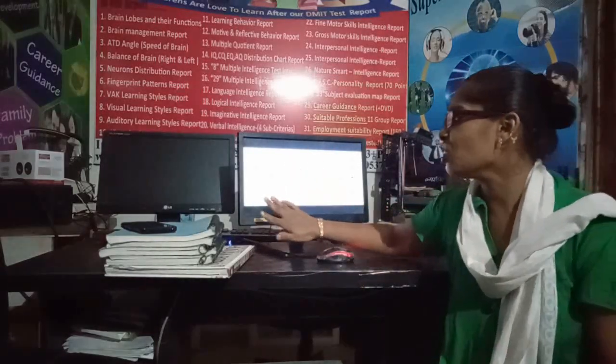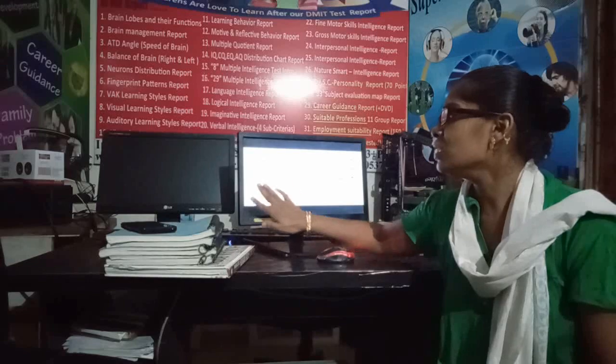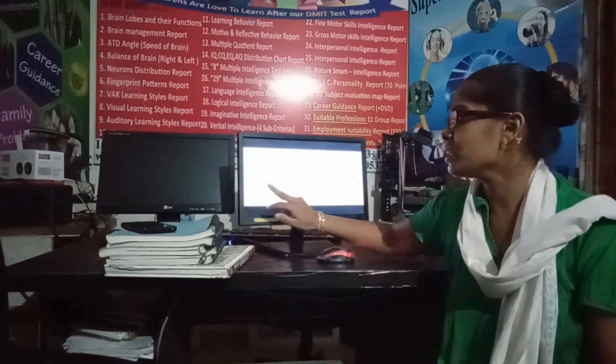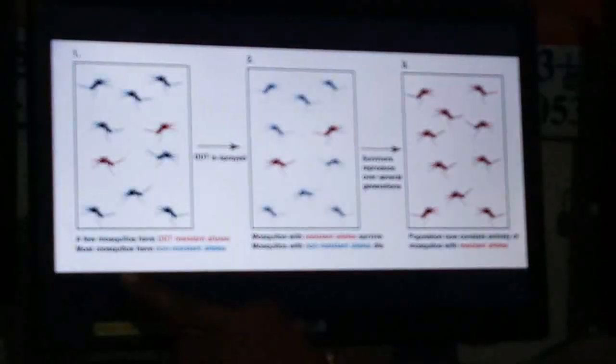Take an example here of a mosquito. Suppose these are the species of the mosquito. You can see blue and red color here.